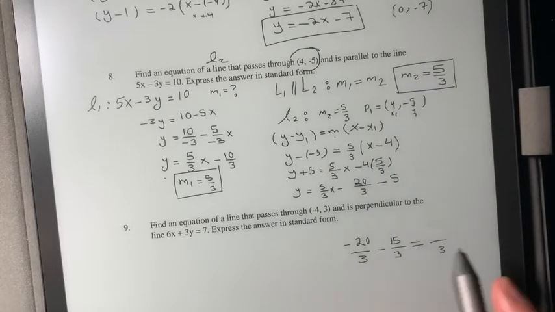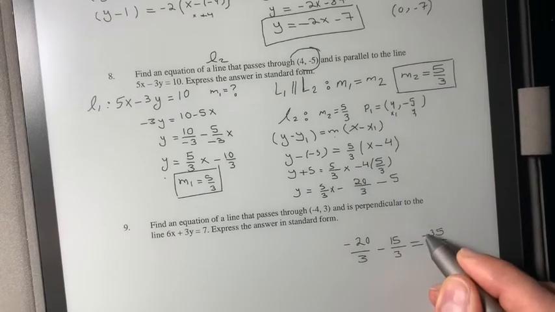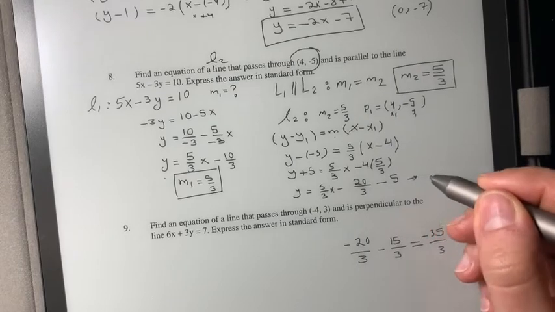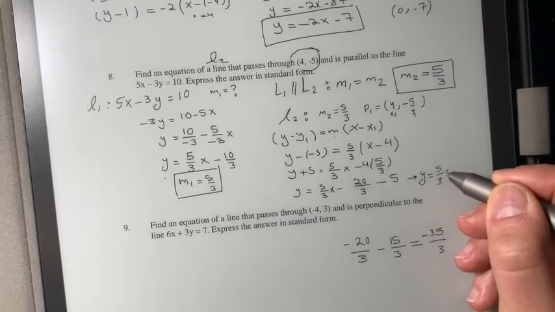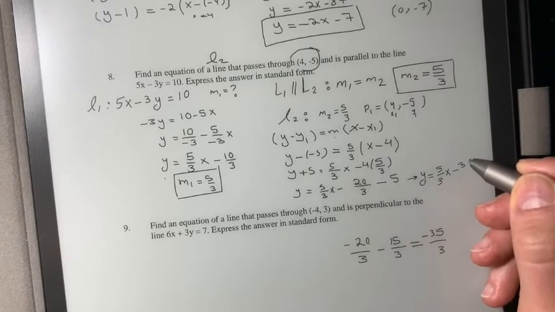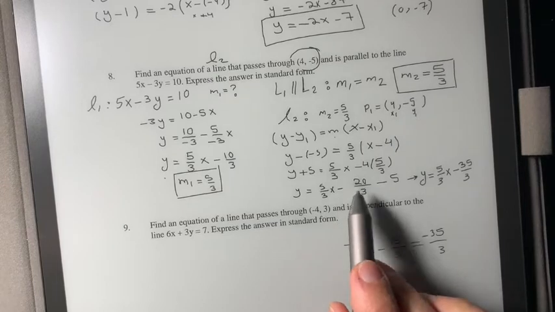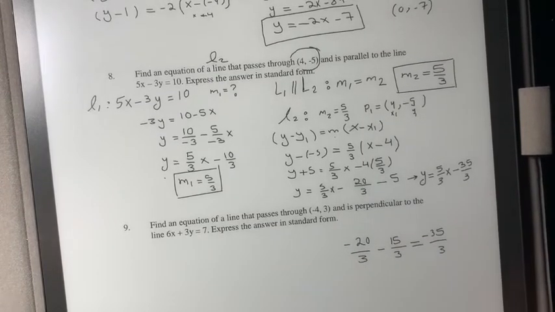Negative 20 minus 15 is negative 35, so negative 35 over 3. So the line will be y equal to 5 over 3 x minus 35 over 3, because I combined these two to get this and then replaced it.